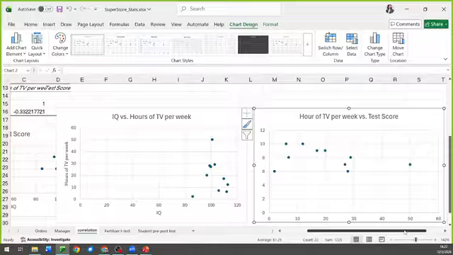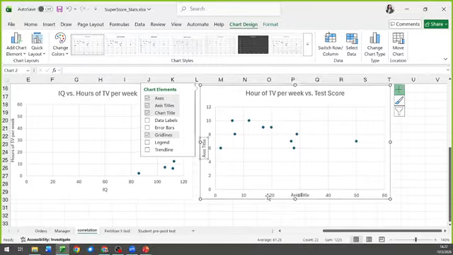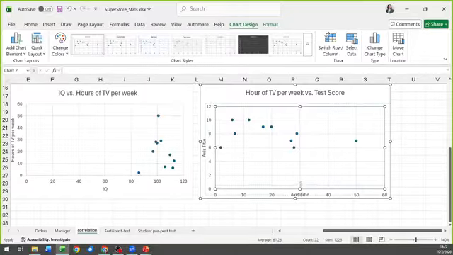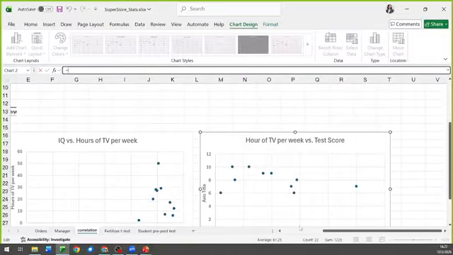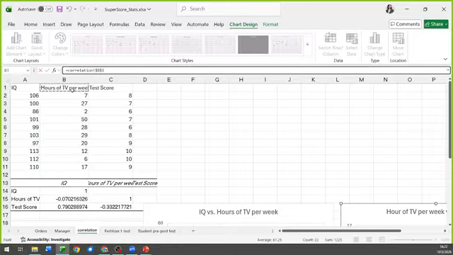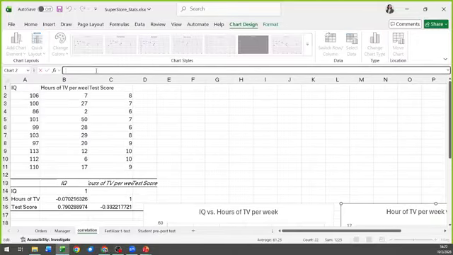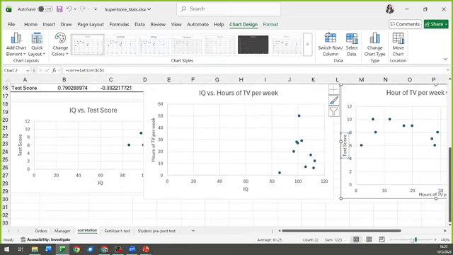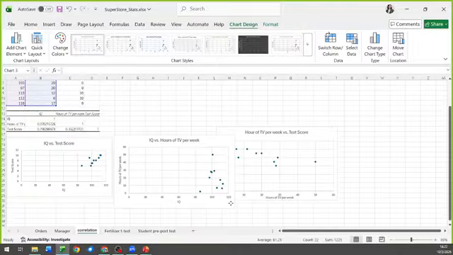Okay, so add the axis title. This is hours TV per week, and this is test score, right? Okay, let's see. I adjust this a little bit.